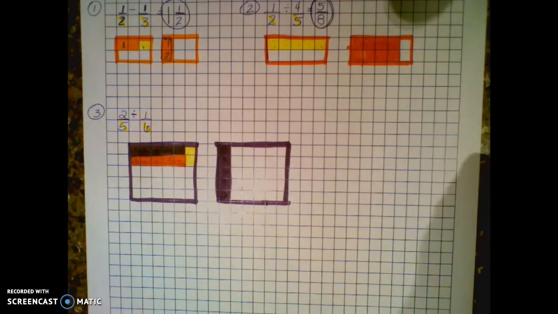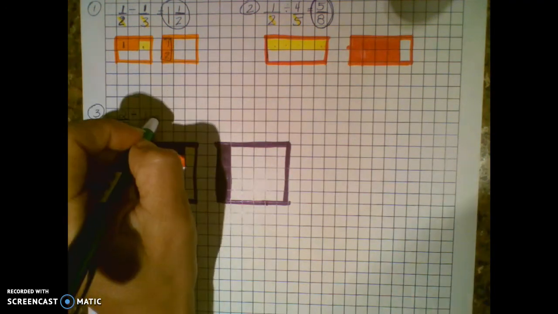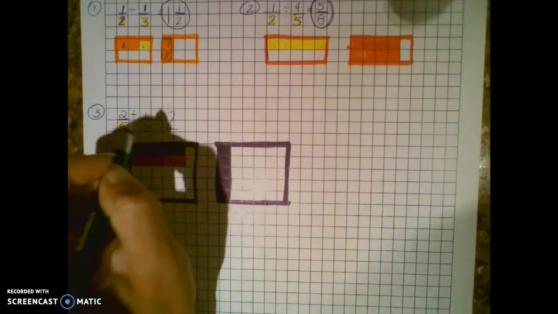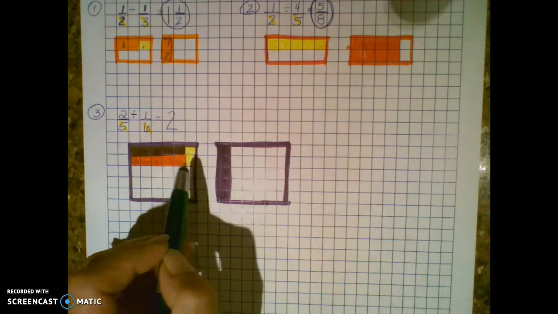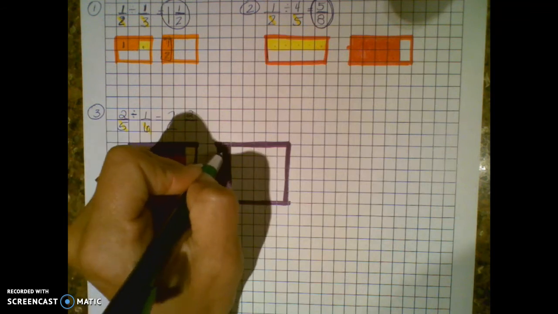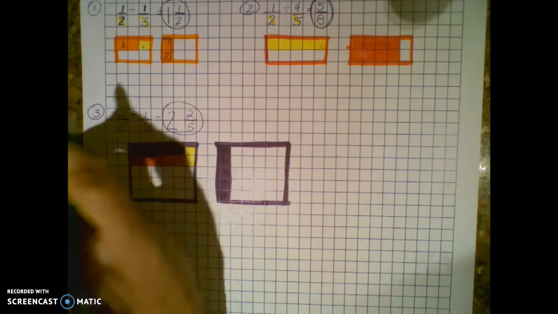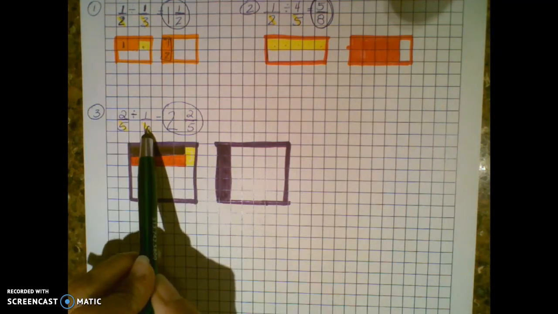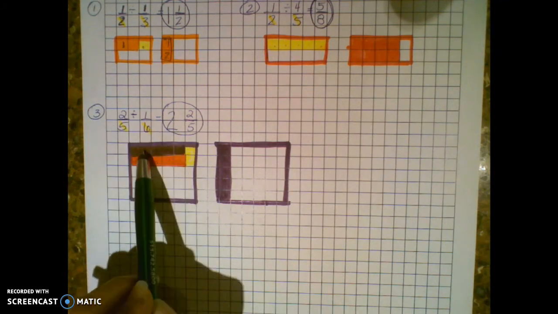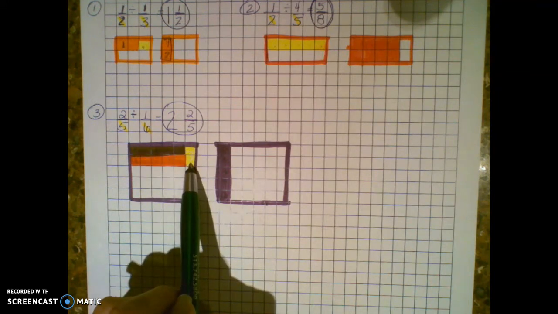Okay? So right now, 1/6 can go into 2/5 2 whole times, but look, it can't go in a third because I only have 2 out of the 5 pieces I need. So 1/6 can go into 2/5 2 whole times, and 2/5 of a third time.